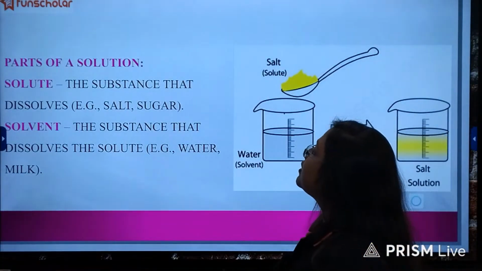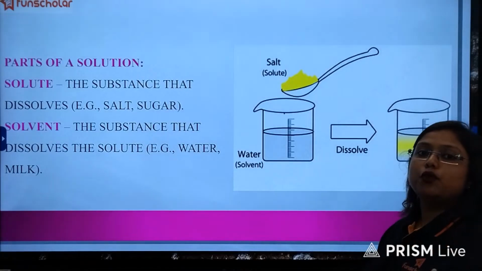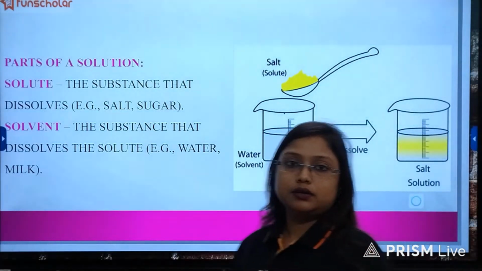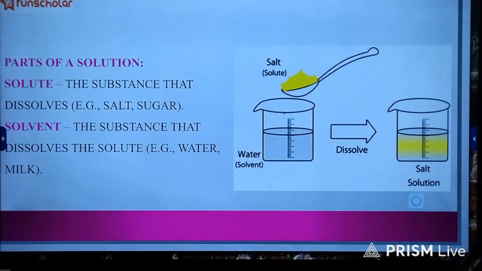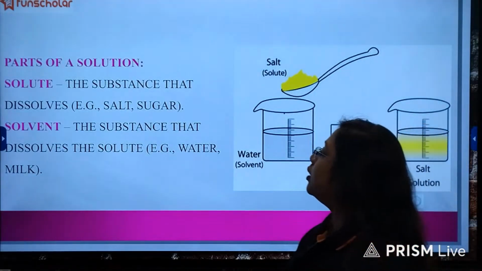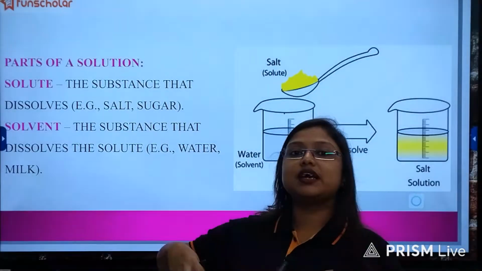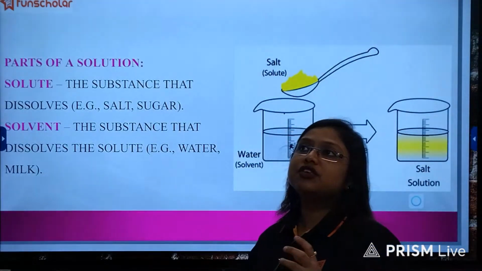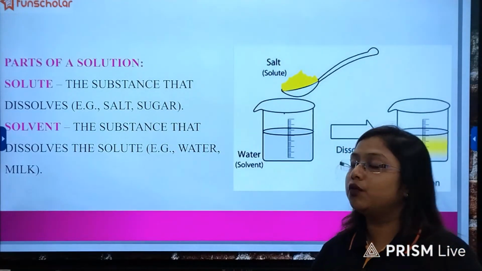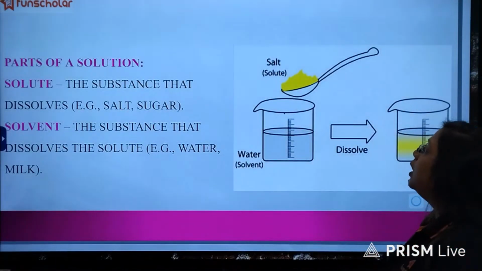The solute, the substance that dissolves, whatever substance is dissolving inside another substance, that thing is actually called solute. And solvent, the substance that dissolves the solute, whatever the substance in which another substance is dissolving, that thing is actually called solvent.